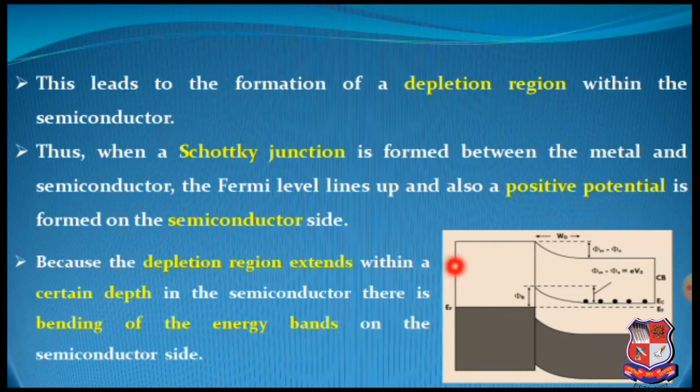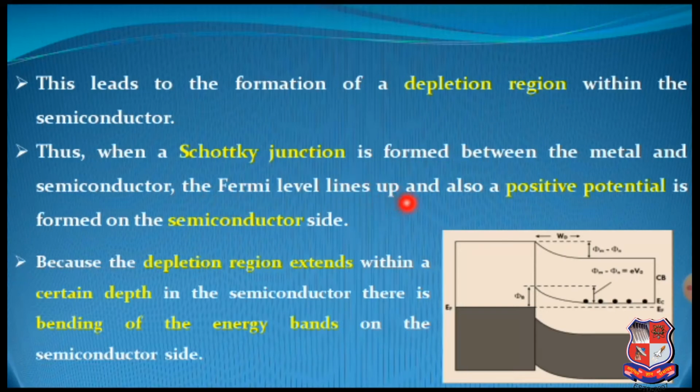Remember, the depletion region arises in the semiconductor. Thus, when this particular contact of metal and n-type semiconductor is formed, it is known as a Schottky junction, or Schottky contact.